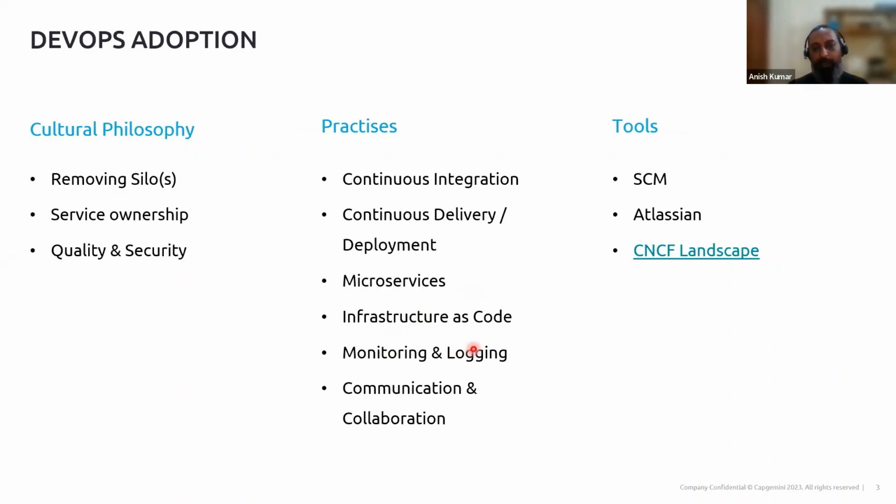Infrastructure as code, I touched upon. The dev part is not just about application development or infrastructure development, it is both. So everything should be automated, and how this can be automated, there are IaC tools like Terraform, Ansible, and so on and so forth.